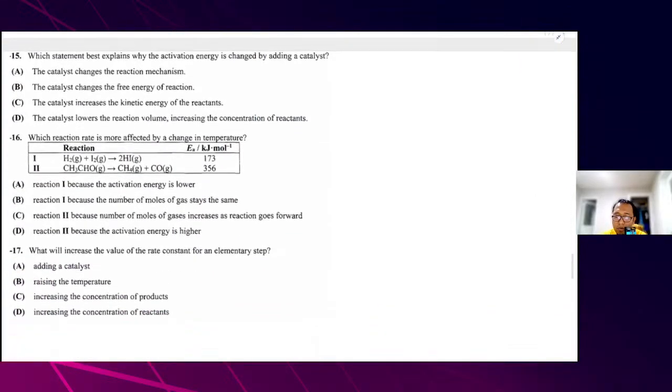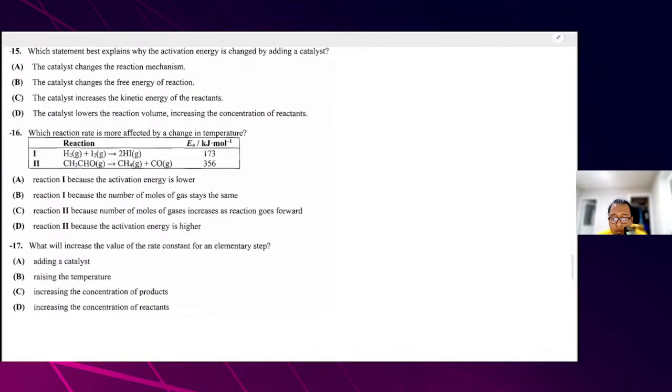Okay, number 15. Which statement best explains why the activation energy is changed by adding a catalyst? The catalyst changes the reaction mechanism.